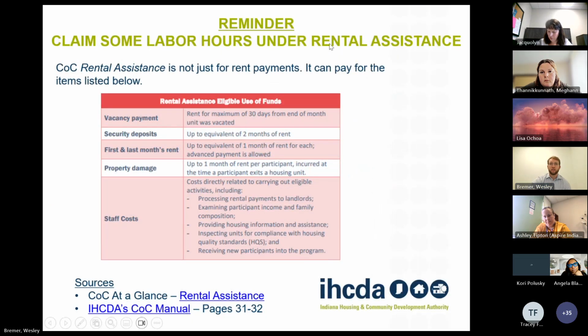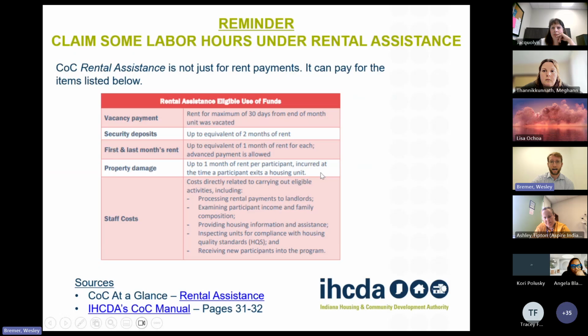The budget line item rental assistance can do a lot more than just rent payments. I think you all know about security deposits and property damage. That's great. And of course, first and last month's rent. Vacancy too. You can make vacancy payments.